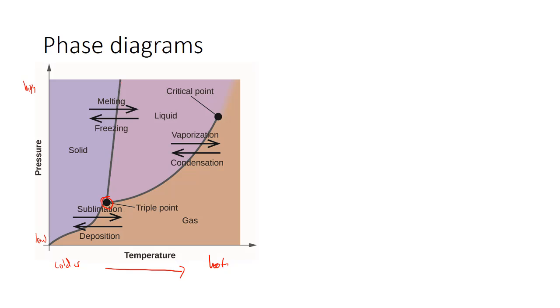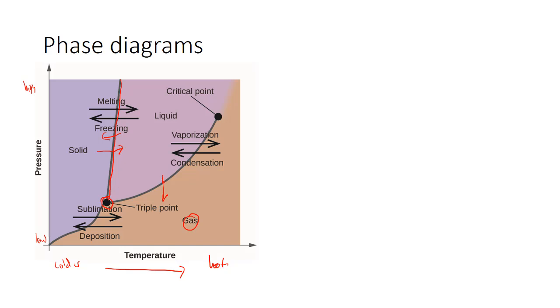These boundaries here, these phase boundaries, these are where phase changes can occur. So you can see if I have a solid and I add some heat to it, it will change to a liquid. Or if I have a liquid and I remove heat from it, I can change it to a solid, right? We've got freezing and melting. But also consider over here, I have a liquid right here at this temperature. If I take a little bit of pressure off of it, it's going to change to a gas.